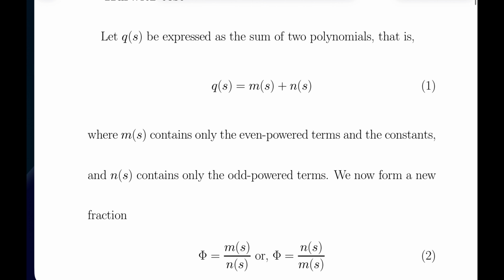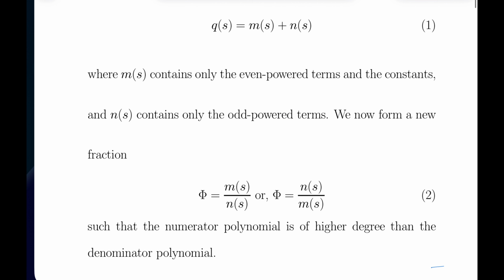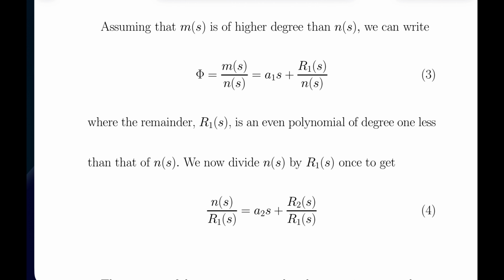We now form a new fraction phi equal to M(s) upon N(s) or phi equal to N(s) upon M(s), such that the numerator polynomial is of higher degree than the denominator polynomial. Assuming that M(s) is of higher degree than N(s), we can write phi equal to M(s) upon N(s) equal to a1 s plus r1(s) upon N(s), where the remainder r1(s) is an even polynomial of degree 1 less than that of N(s).